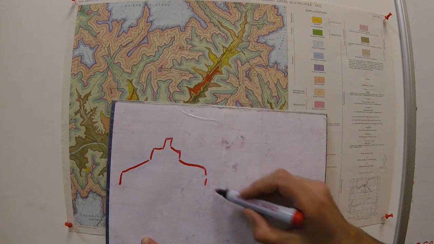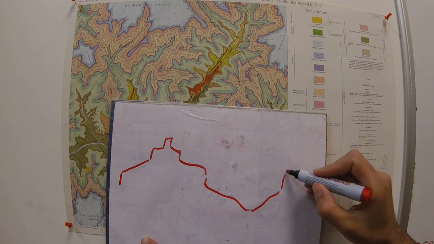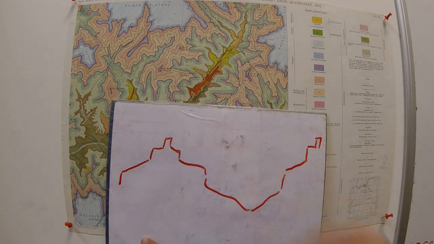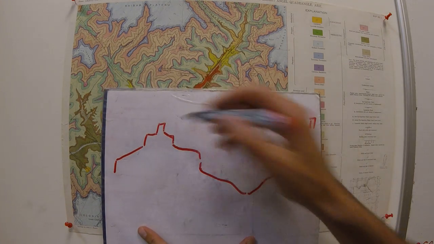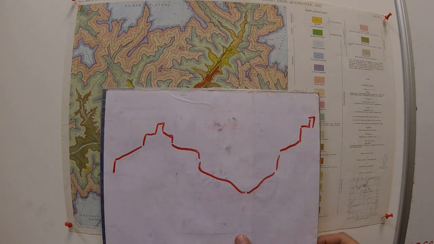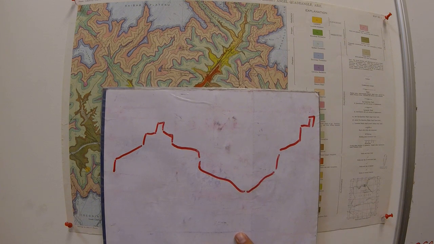So we've got this staircase topography, and you can really see that, and that's probably the result of the rocks being bedded horizontally, so the result of the rocks having different resistance to erosion.